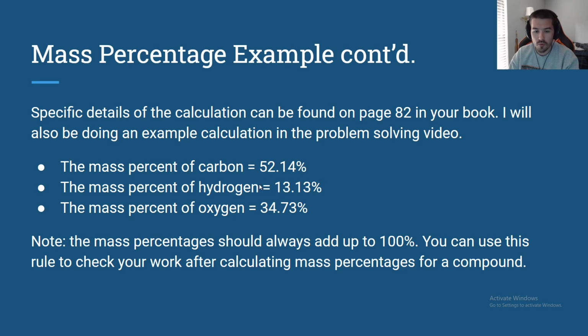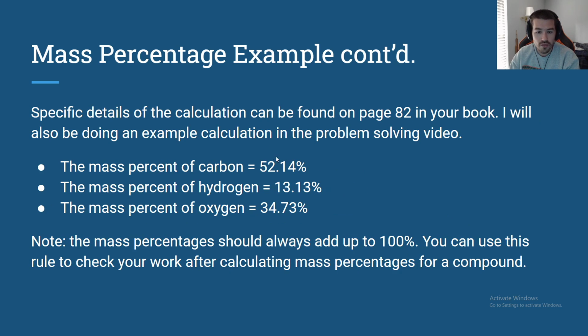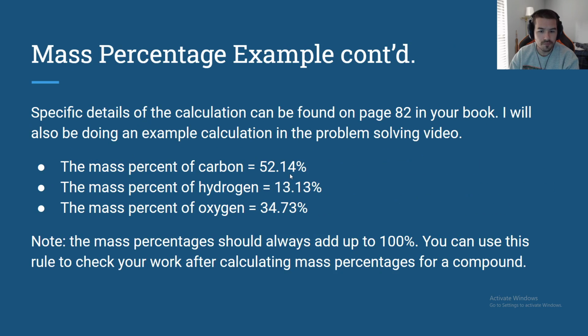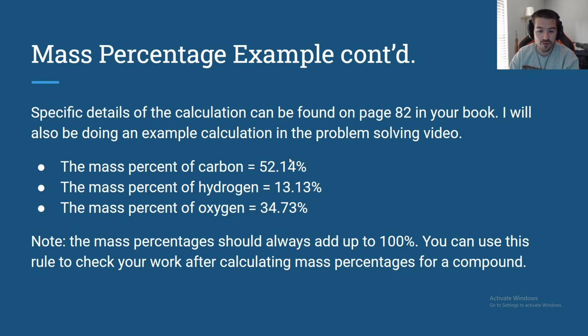We have 2 carbons, which are of moderate size, and those end up composing a majority of the compound by mass. And the 1 oxygen atom, because oxygen is the largest element in the compound, just 1 atom makes up about a third, or 34.73%, of the compound.